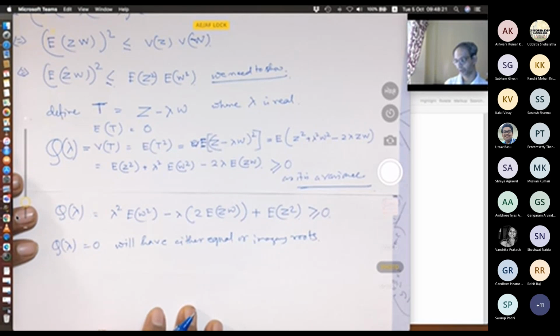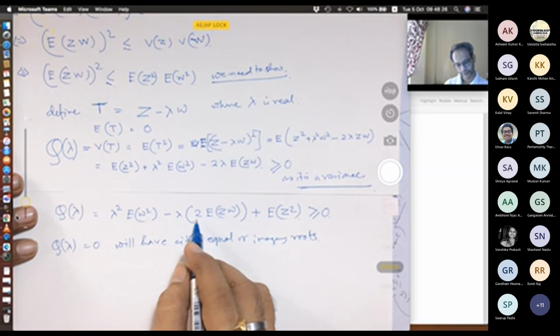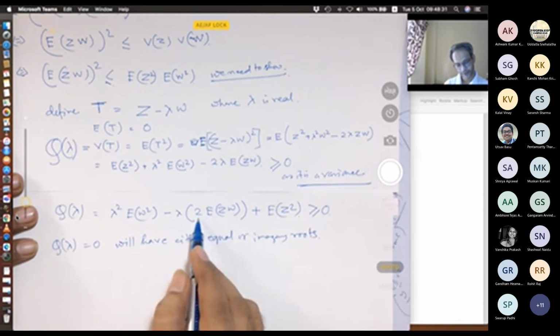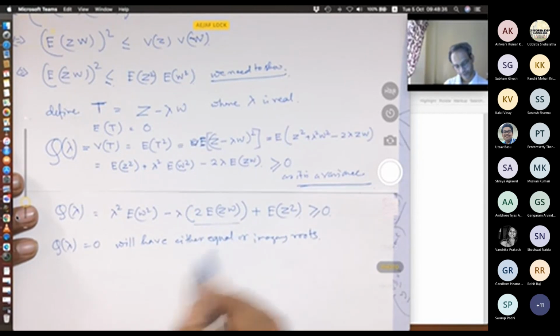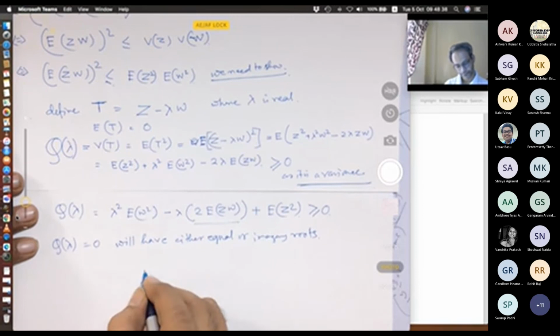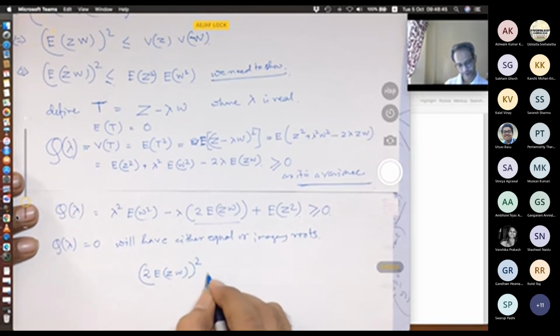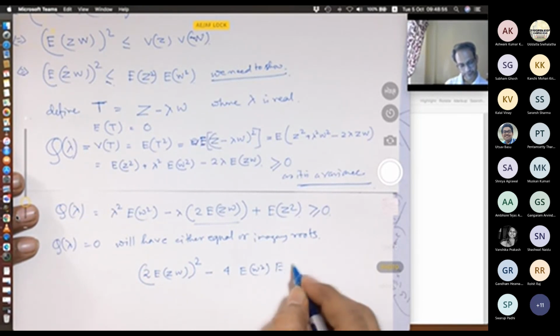Okay, so tell me what will be b square? This is b, right? Yes, sir. So 2 into expectation of ZW, whole square, minus 4 times a, which is expectation of W square, c is expectation of Z square.